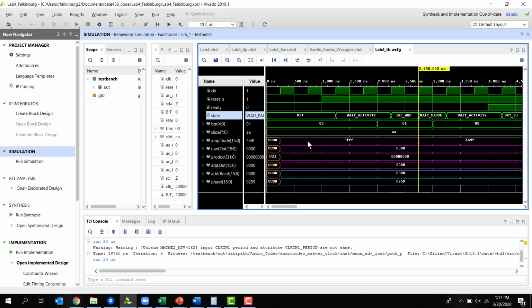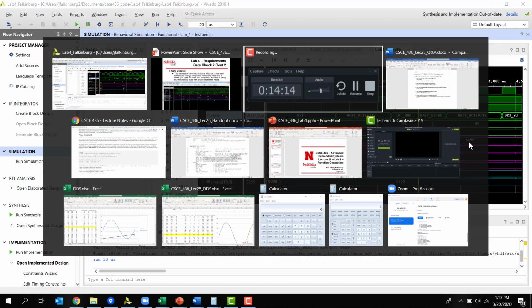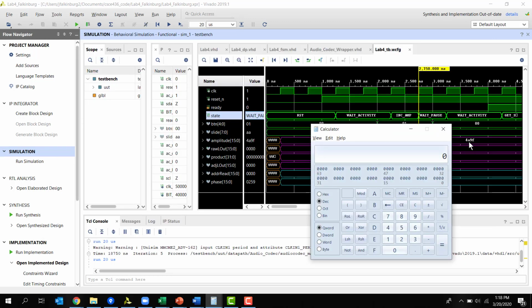So my amplitude starts out at 3FFF, and then increases by the value on the slider switches. If you do the math between this value and this value, in hex we got 4A9F minus 3FFF.